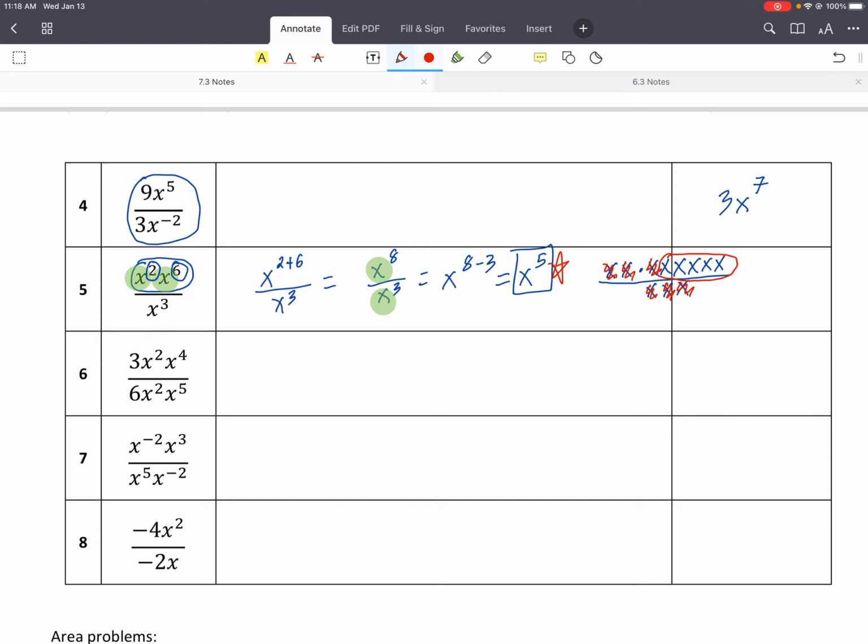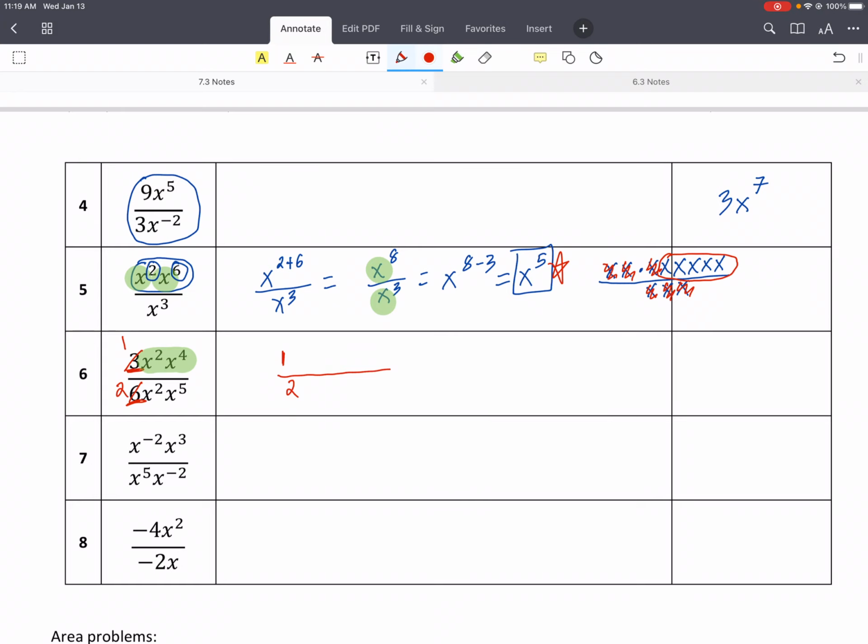Okay, in 6, we have coefficients, so we got to divide coefficients, so we got to do 3 divided by 6. That doesn't divide nicely, so we have to simplify this. So this would simplify down to 1 over 2, so we'd still have a 1 on the top, then a 2 on the bottom. Now we got to simplify these, so x squared times x to the 4th.